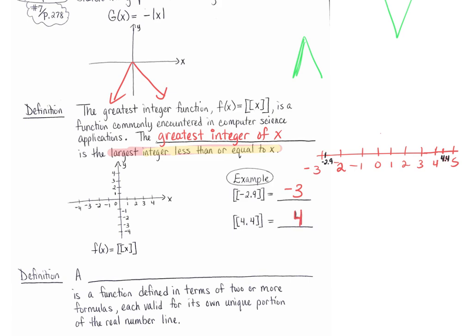Whenever you sketch the graph, no surprise, whenever you have 0, you actually pick up 0, so that's a closed circle. Everything between 0 and 1 is going to be 0. And then you're going to have an open circle at 1. If you have 1.2, what is that going to be? The greatest integer less than or equal to 1.2 is 1.